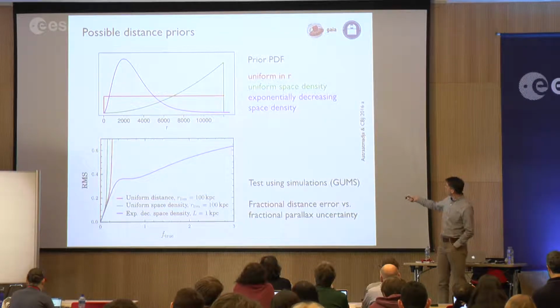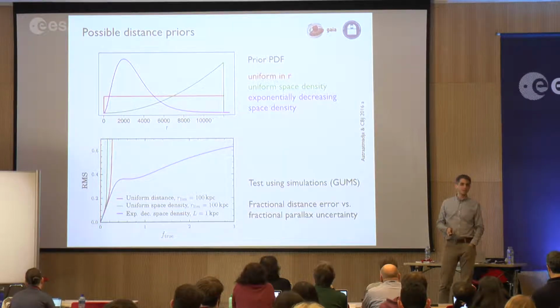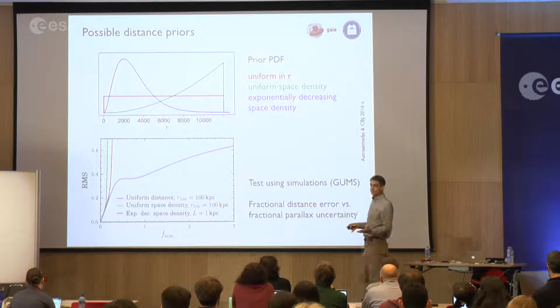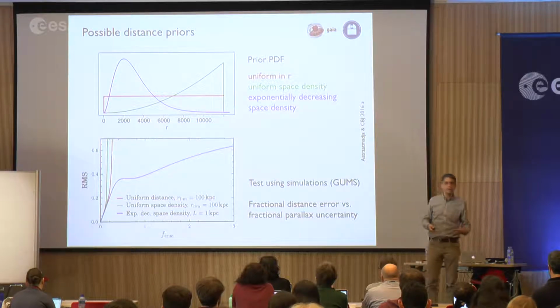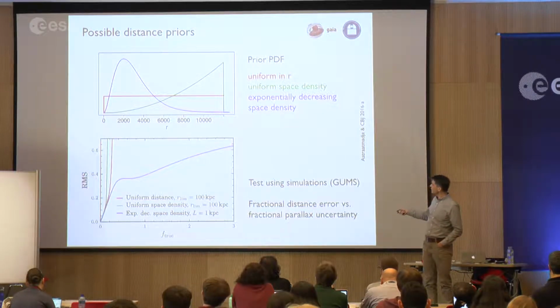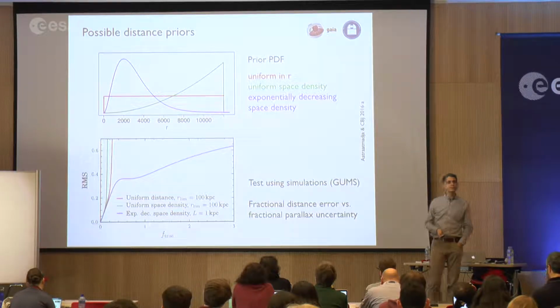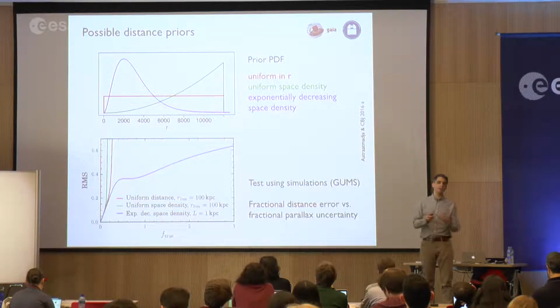The exponentially decreasing space density prior, of course, gets worse as the data get worse. It has to, right? Because if your data are telling you nothing about the distance to the star, you're entirely being informed by the prior, and the prior is not likely to give you the right answer for most stars, but it degrades much more gracefully. And the reason is because it has a parameter which you can essentially tune to something physical about the galaxy, a length scale in the galaxy of order a kiloparsec.